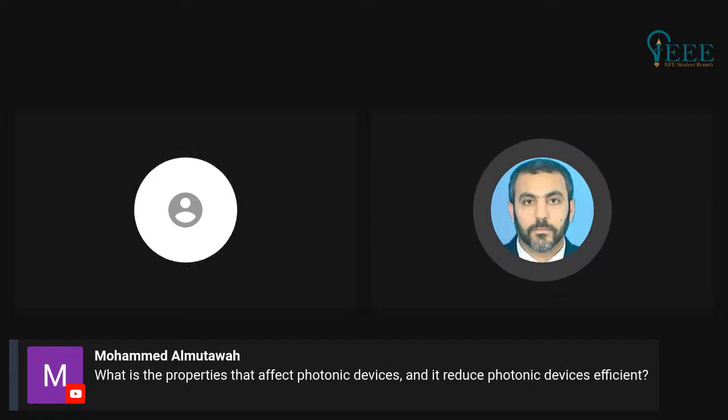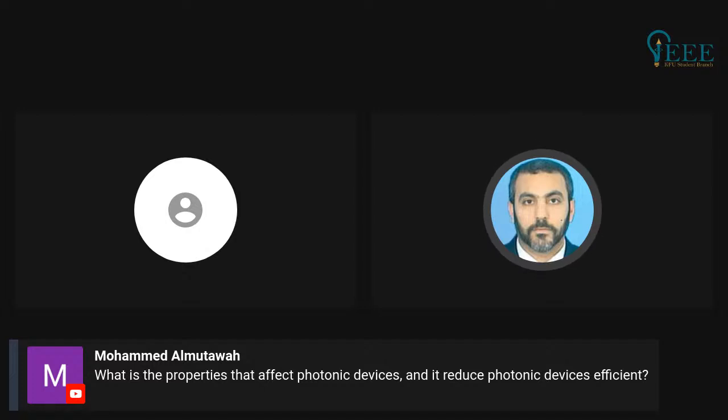Wow, this is a very wide question, actually. When you talk about properties affecting photonic devices, there are so many, but it depends on the device and what you need to do with it. For example, the wavelength of the light coming out of optical devices depends on the material that you use in the device.